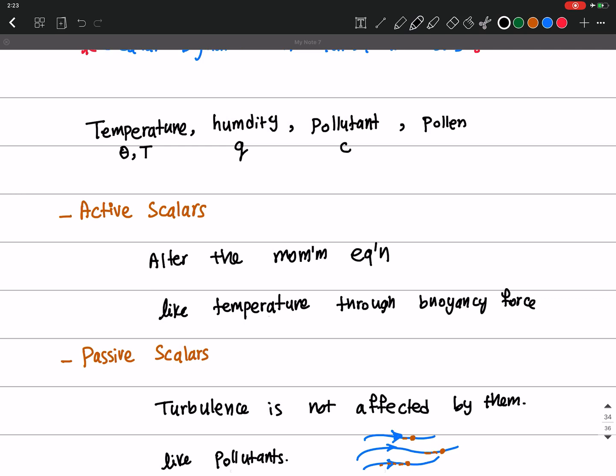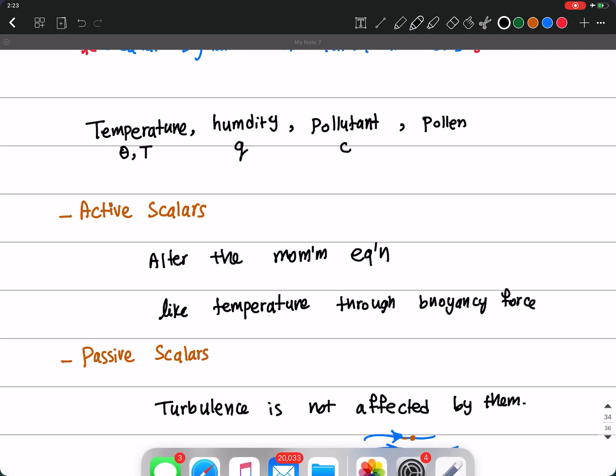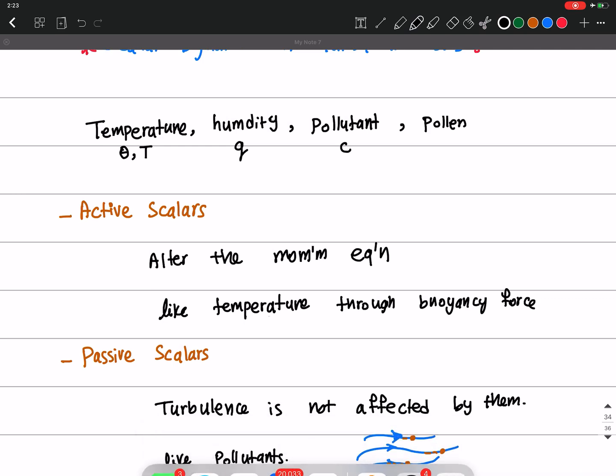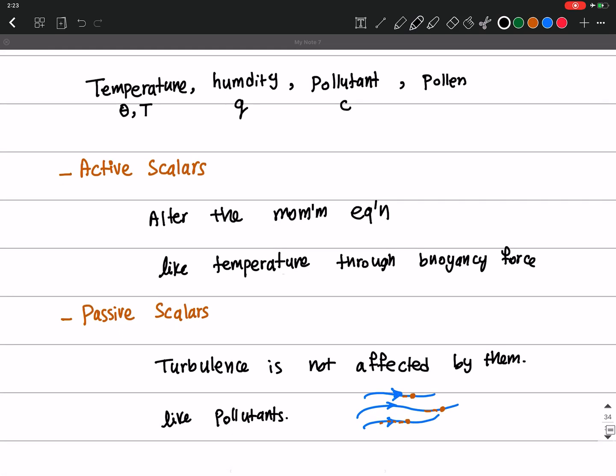They just follow the mean wind, and if you can find the mean wind, then you can also find the passive scalar's location. If you know their location and initial concentrations, then you can predict how these pollutants or tracer gases will evolve in time, and what their concentrations will be a few hours later.